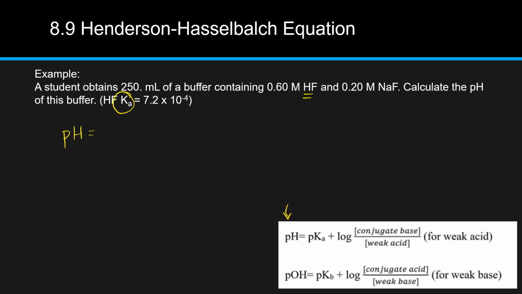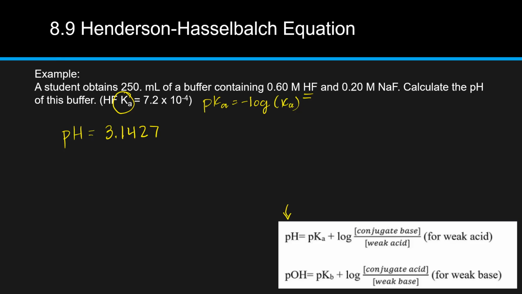So first, let's start off with our pKa. Remember, pKa is just the negative log of our Ka value. So go ahead and plug that into your calculator. And that gives us a pKa of 3.14.